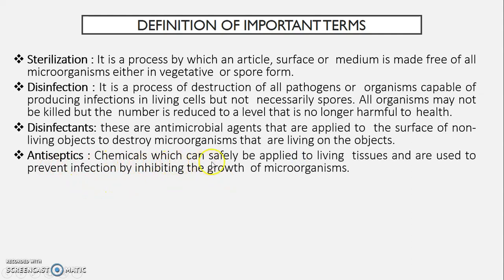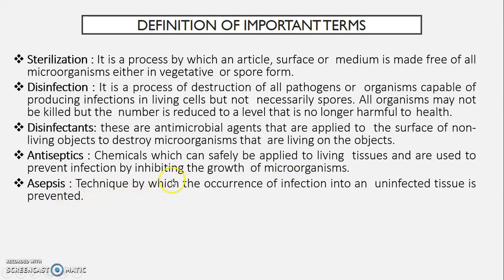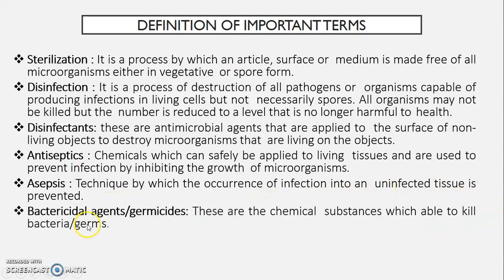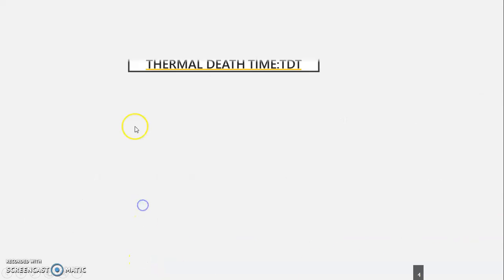Antiseptics are chemicals which can be safely applied to living tissue and are used to prevent infection by inhibiting the growth of microorganisms. Asepsis is the technique by which the occurrence of infection in uninfected tissue is prevented. Bactericidal agents or germicides are chemical substances able to kill bacteria or germs.